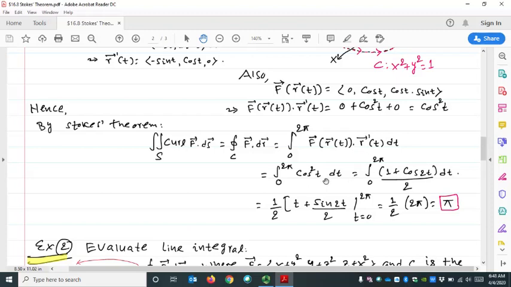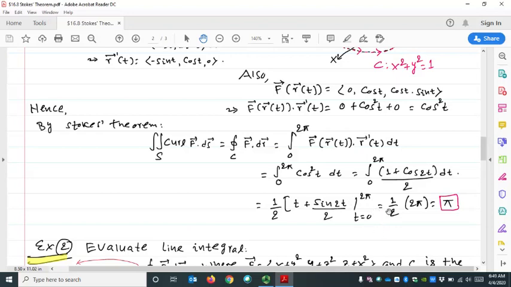Then 0 to 2 pi, we use the trigonometric identity here, cosine square t equals 1 plus cosine 2t over 2 times dt. Then take the integration, so take 1/2 outside, then integration of 1 with respect to dt is t, plus integration of cosine 2t with respect to dt is sine 2t over 2, put the limit t equals 0 to 2 pi.